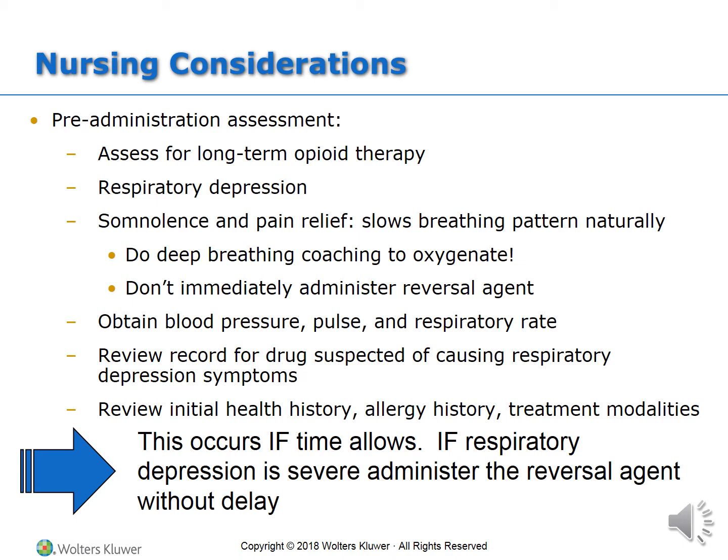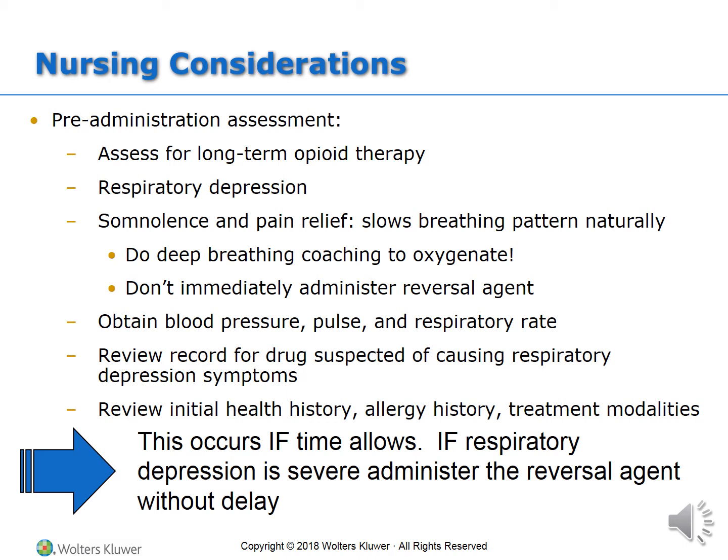Someone may be experiencing respiratory depression, but have an alert level of consciousness so that you can coach them to do some deep breathing and coughing to begin to reoxygenate. We only are going to administer naloxone or an antagonist if they are not able to begin spontaneous respiration on their own because of the possibility of side effects.